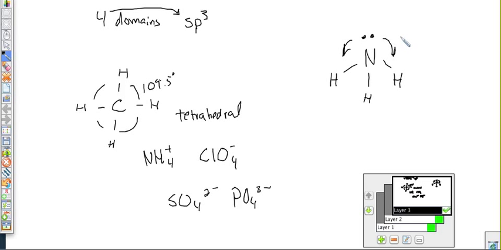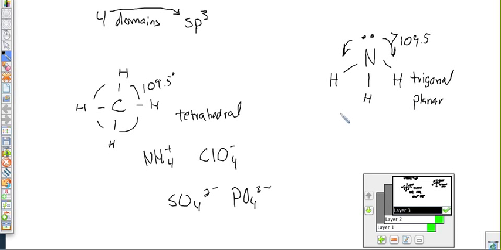So this angle right here is going to be greater than 109.5. And then these ones are going to be less than 109.5. So you could take your 360, divide it by 4, and sort of predict that bond angle right there. And so the name for this, if you have 1 lone pair, is trigonal pyramidal.